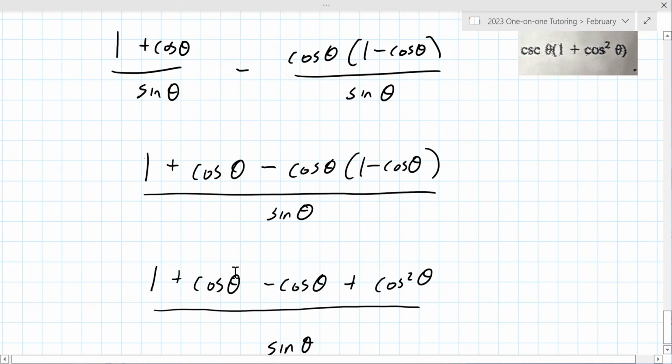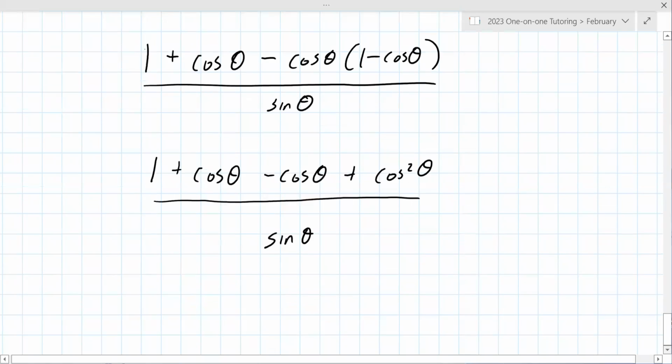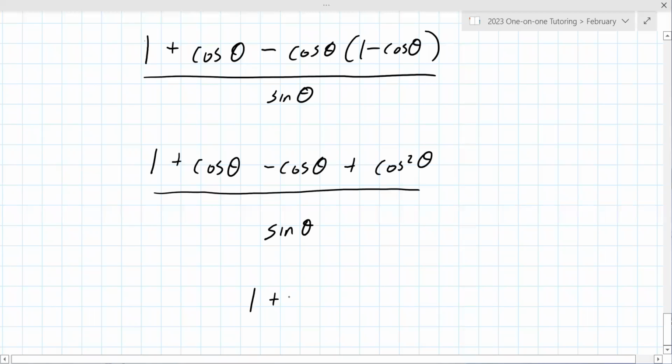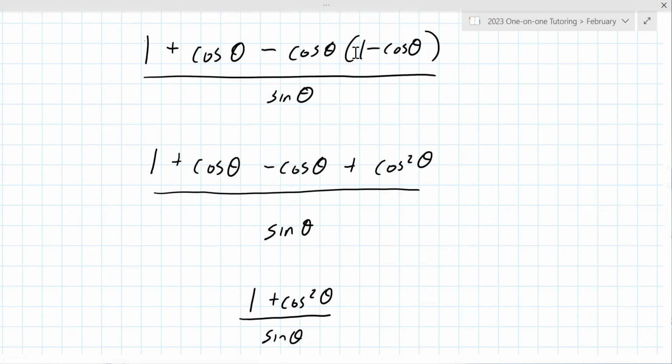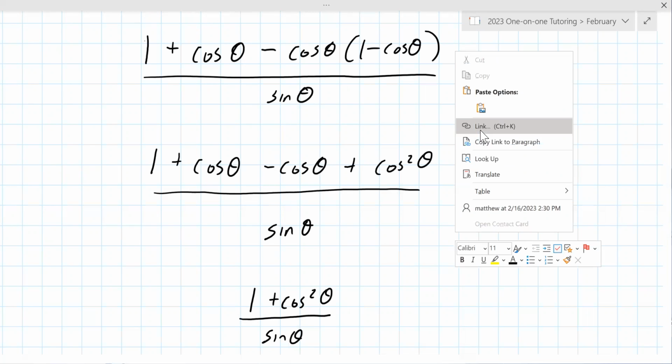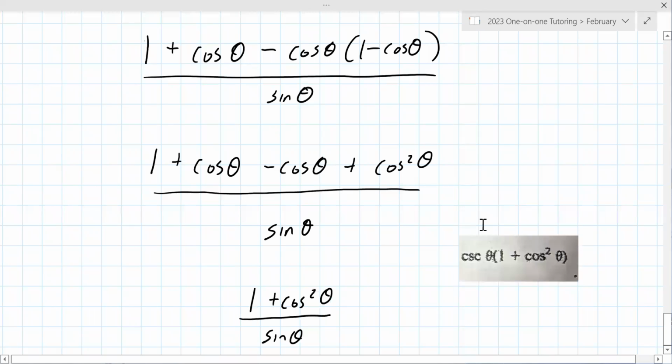Yeah, and I feel like we lost something here, because that gets you. Oh no, I'm sorry, we're almost there. You're right. There's 1 plus cosine squared theta over sine theta. Let me paste that in again. So you're so close. You have the 1 plus cosine squared theta.